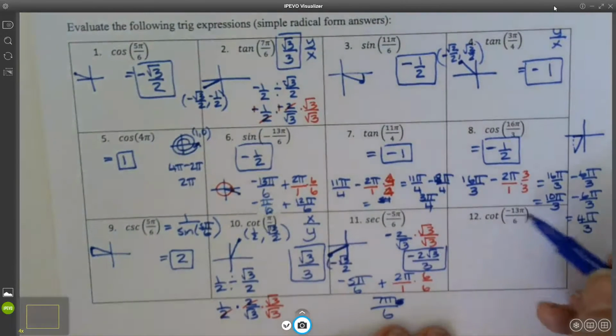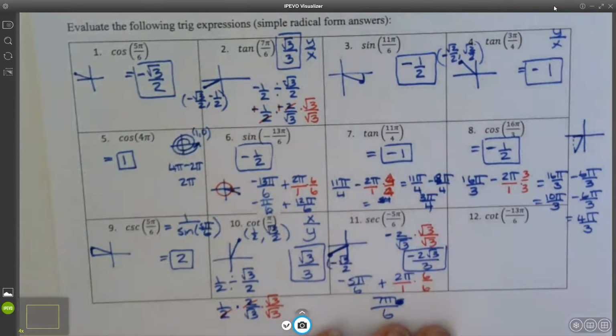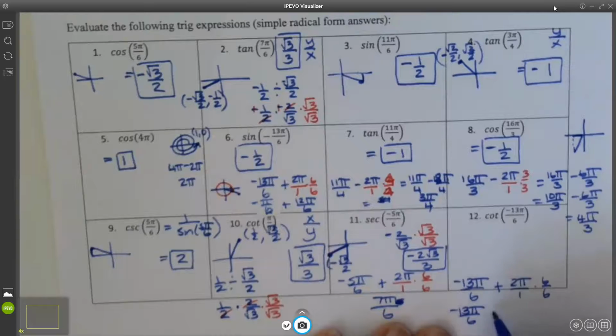And the last one is -13 pi over 6. Again, we want to figure out where that is on the unit circle. So if I take -13 pi over 6 plus 2 pi, I need to multiply by 6 over 6. It's going to be negative 13 pi over 6 plus 12 pi over 6 is negative pi over 6. I would need to do that again.